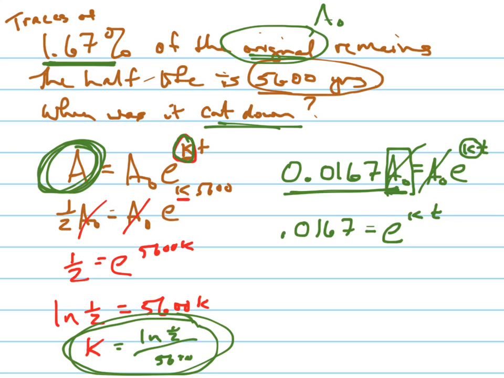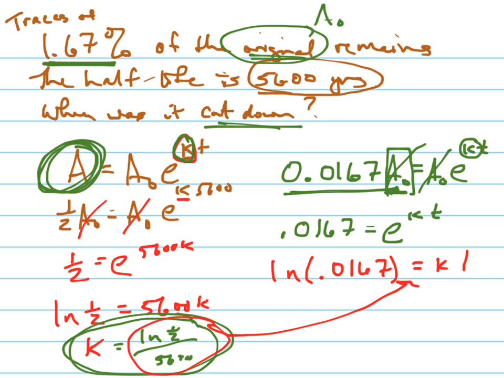So I'm going to take the natural log of both sides. Remember, that natural log is so valuable because it allows us to solve this. The natural log of 0.0167 equals kt, and I'm going to solve for t. So t equals the natural log of 0.0167 divided by that k constant that we found before.